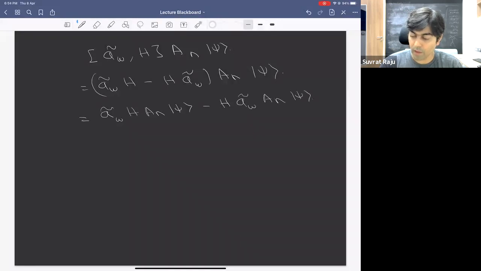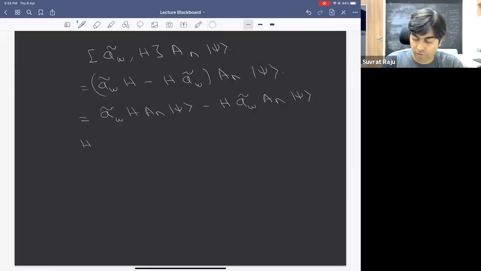Now, this operator has some component which is in the little Hilbert space built on top of h psi, and some component which is in the little Hilbert space that's built on top of psi itself. And in order to figure out how the mirror operator acts on h a n psi, we should disentangle, or separate, those two components.